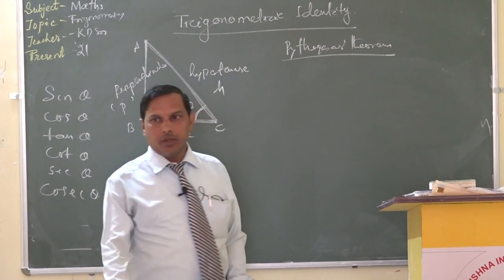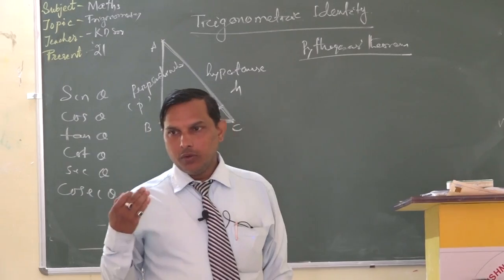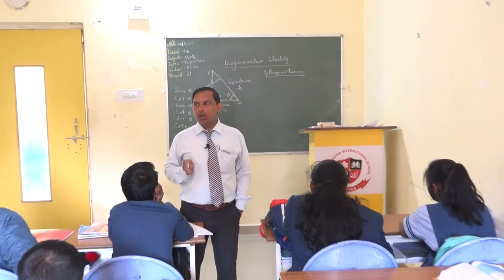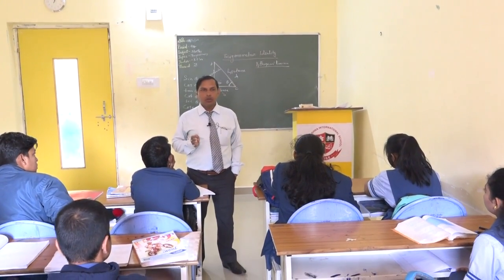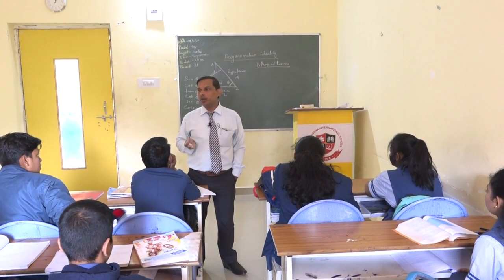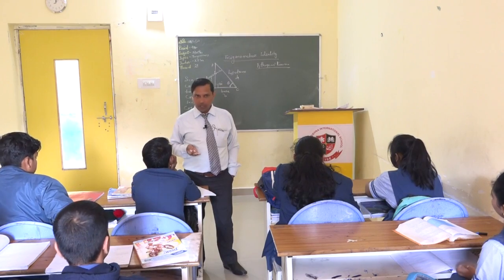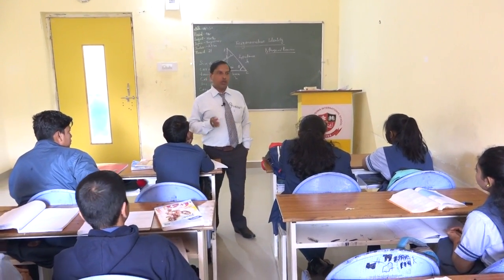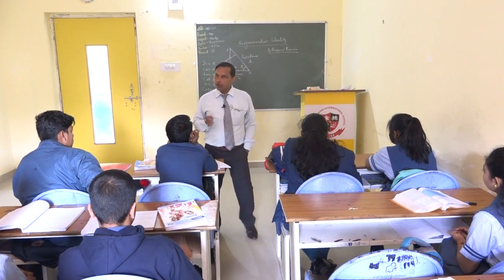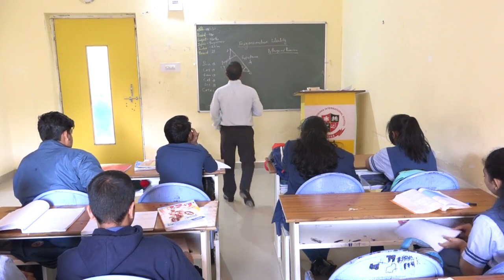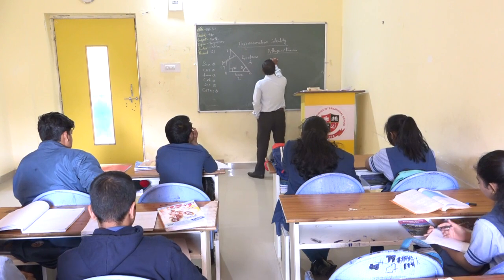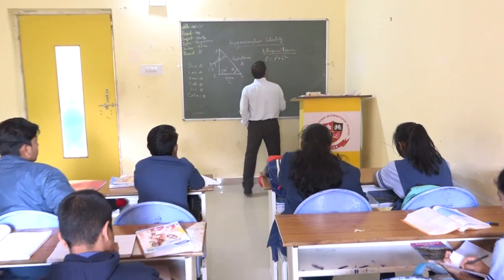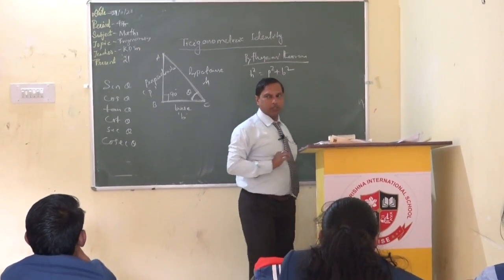According to the Pythagoras theorem, the square of the hypotenuse is equal to the sum of the squares of the base and the perpendicular. So, H square is equal to P square plus B square.